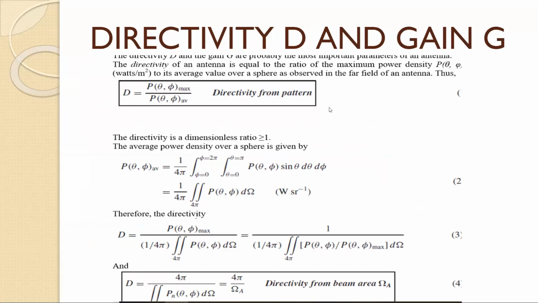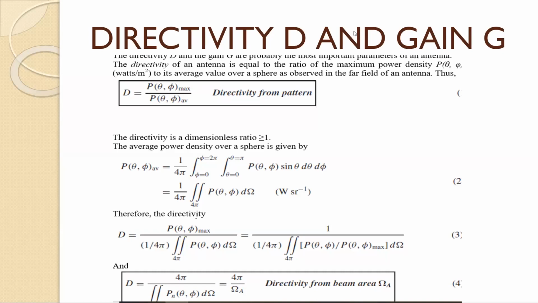Directivity can be represented by capital D, and gain by capital letter G. Directivity and gain are both very important parameters for antenna design.